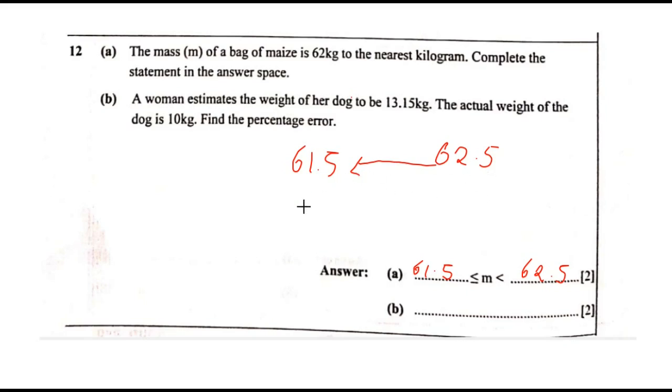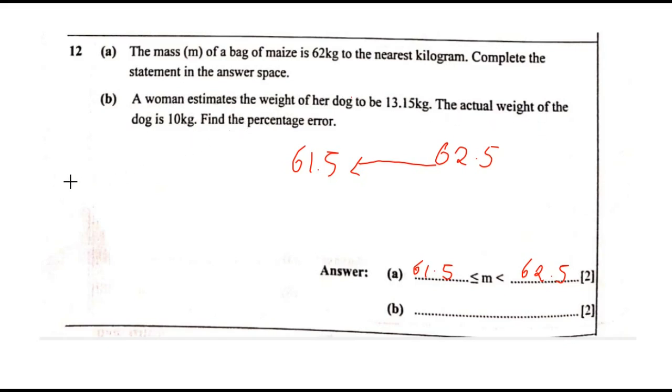So this is where the mass should be for us to have 62 as the nearest kilogram. Because if it's equal to 62.5 exactly, then the nearest becomes 63. So we are less than 62.5, but greater than or equal to 61.5. So that is the range here.